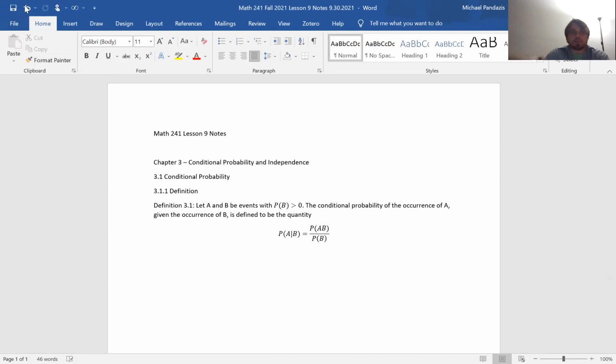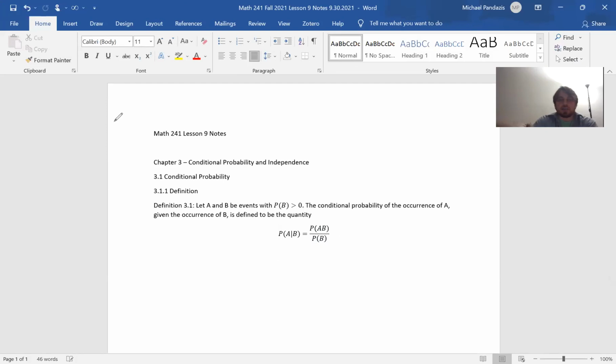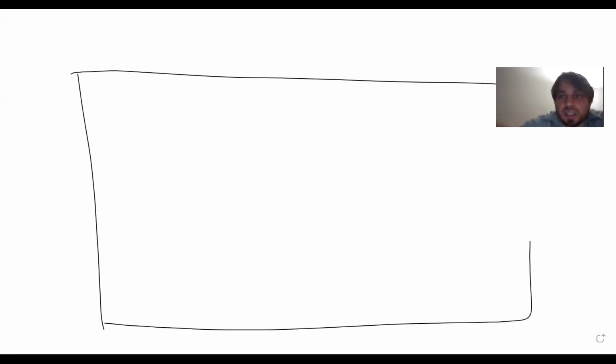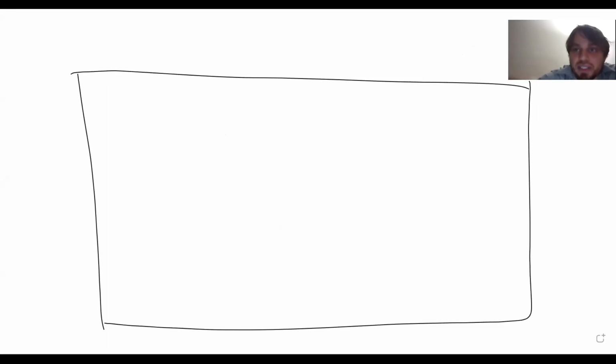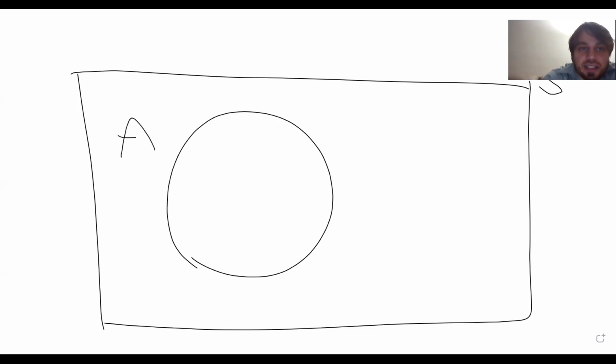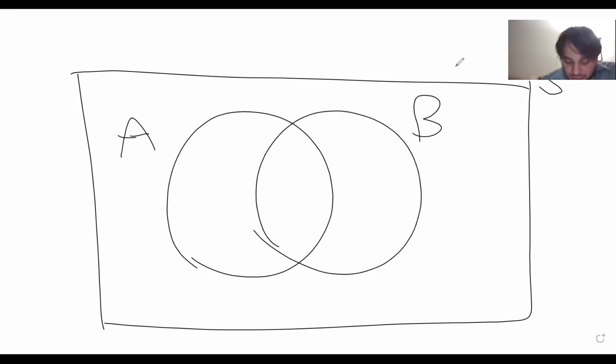So for instance, if you're looking at the entire sample space S, and you're looking at a set A and a set B in the sample space, the conditional probability of A given B is like this.